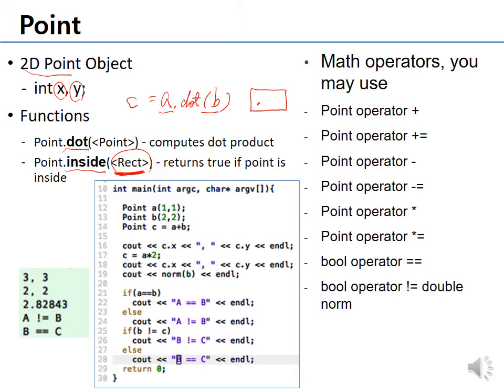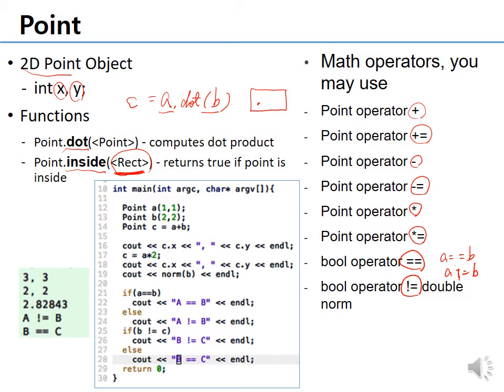The Point class also offers math operators. You may use the point operators plus and plus equal, minus and minus equal, multiplication and multiplication equal, and we can check whether A and B are the same point or not. So these are operators we can use with the Point class.